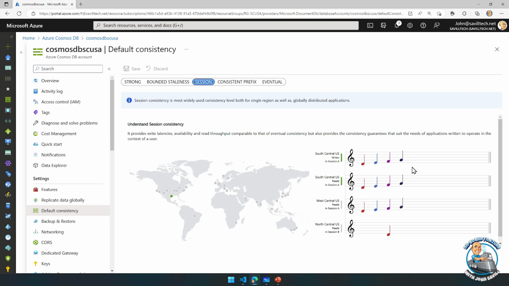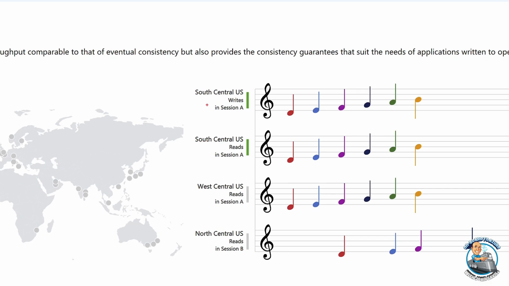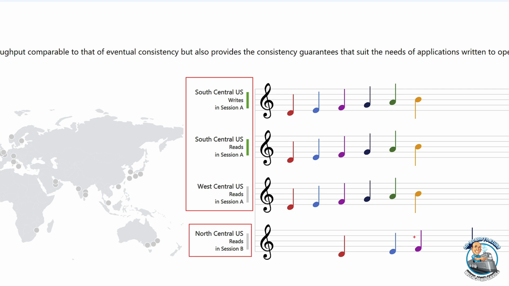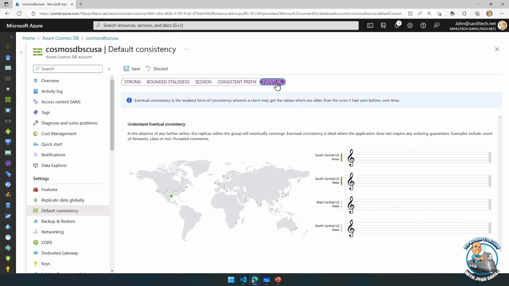And it actually shows me a nice little picture. So notice session, it's talking about these musical notes changing. Within the same session, so these are all session A, they see the same thing. But a different session might see some things differently. They're going to come in at a different time. If I picked eventual, well, everyone just sees different stuff. Eventually, it'll be the same thing, but no idea when.